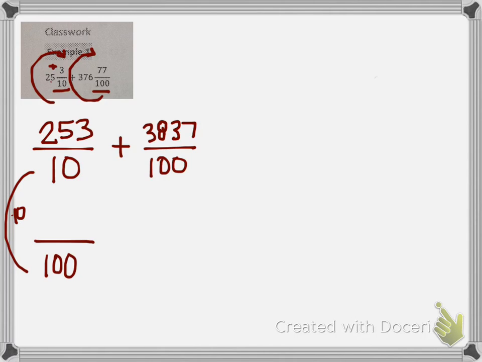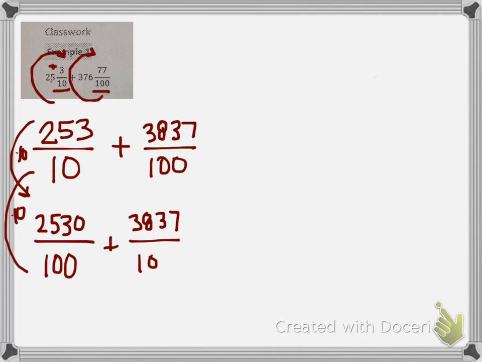So if I multiply my denominator by 10, I have to multiply my numerator by 10. So if I do that, it's 2,530 hundredths plus 3,837 hundredths. And now I'm talking about the same thing, which are hundredths.